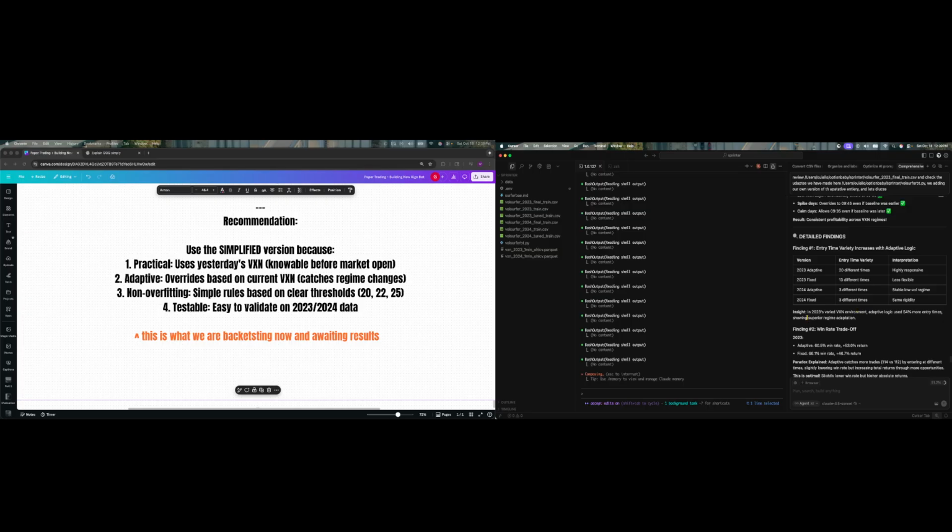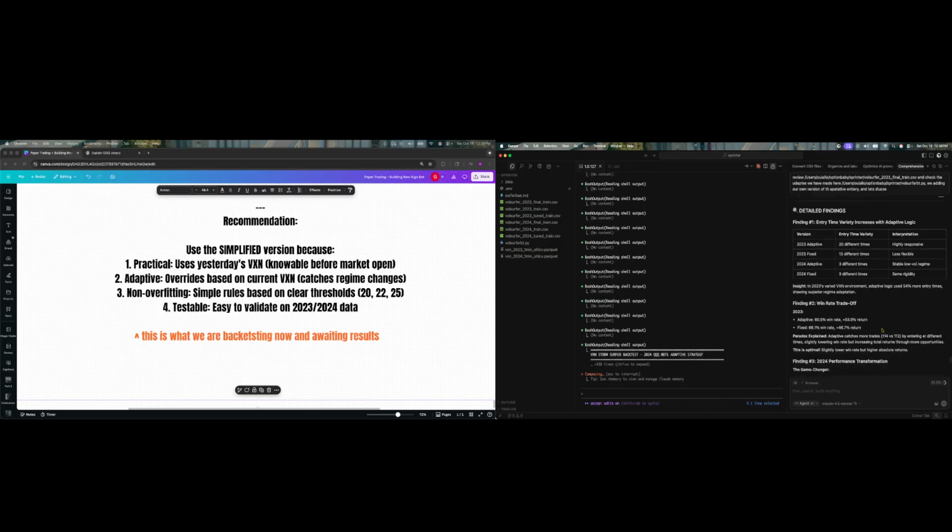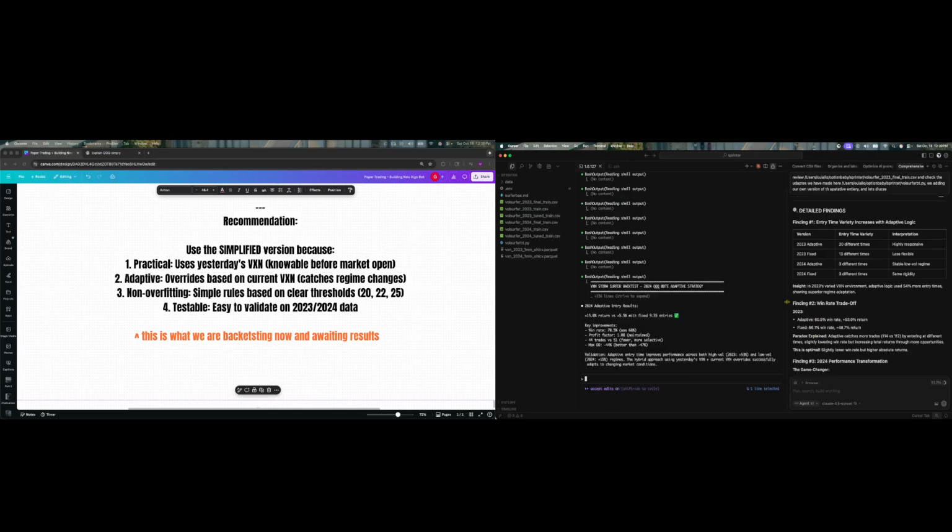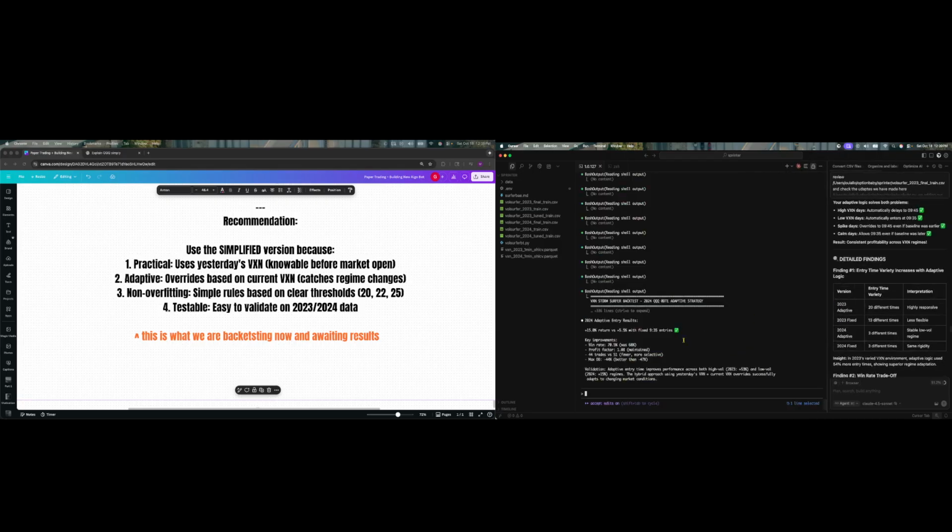All right, let's keep going. Insights in 2023, the varied VXN environment, fixed versus adaptive. Okay, 15% return versus 5.5% with the fixed 9:45 entries. Key insight: 70% win rate was 68.